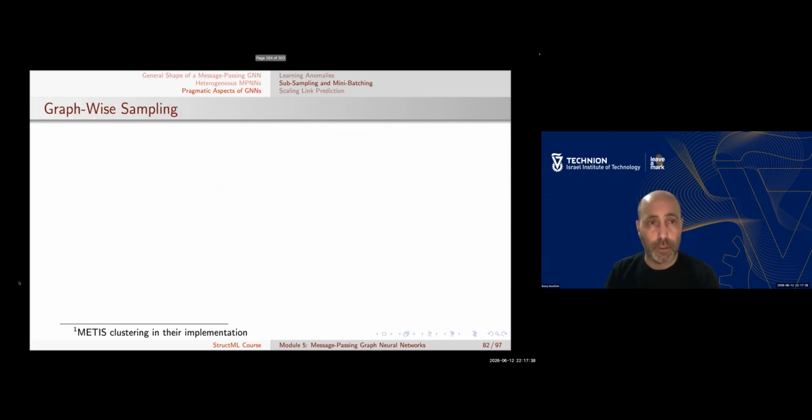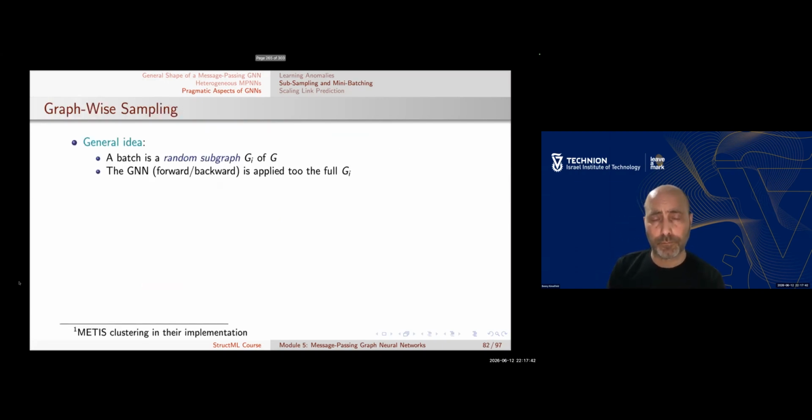Okay, that's the idea. The last one is graph-wise sampling, which is really different from node and layer-wise. And the idea there is that we are producing upfront random subgraphs G_i of our graph G. And that's it. Each G_i is now used as its own batch, as its own example.